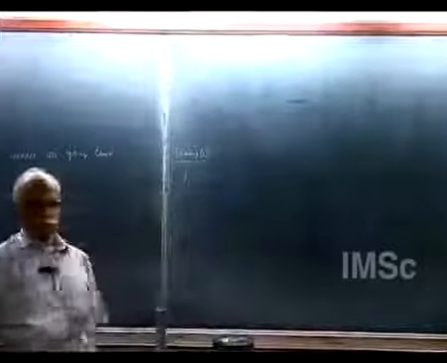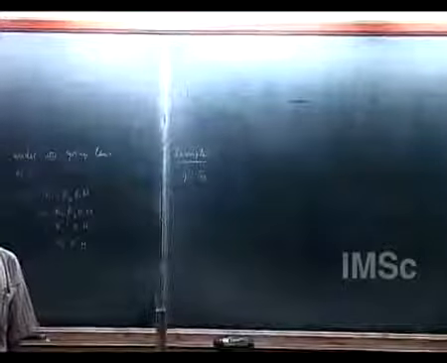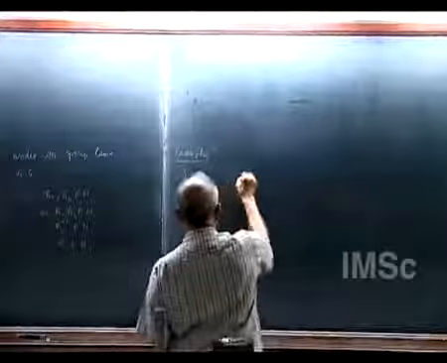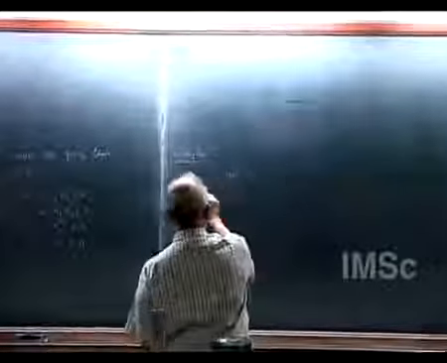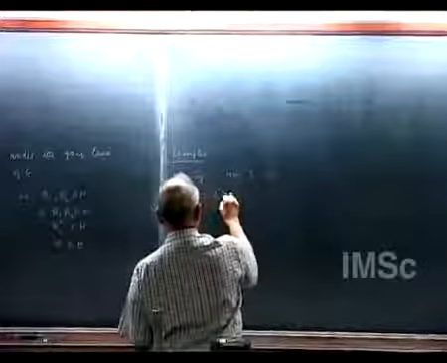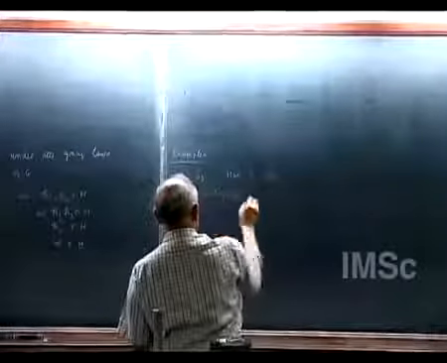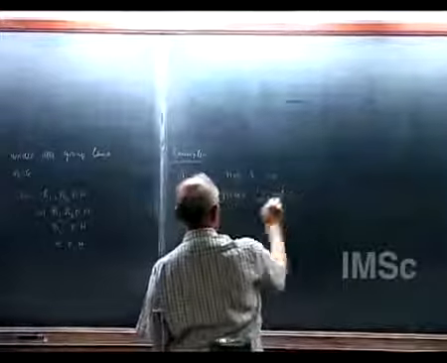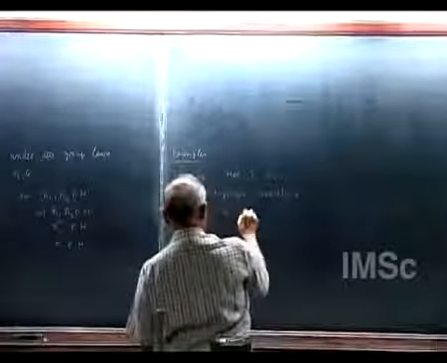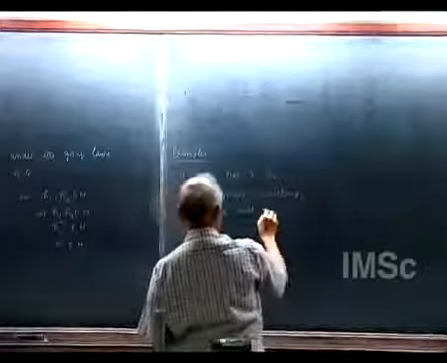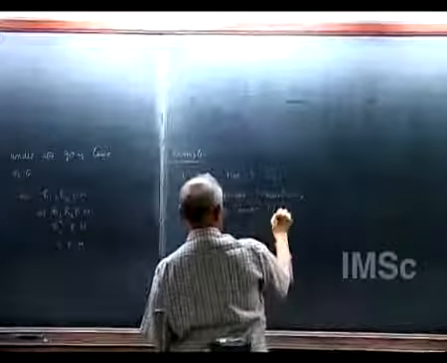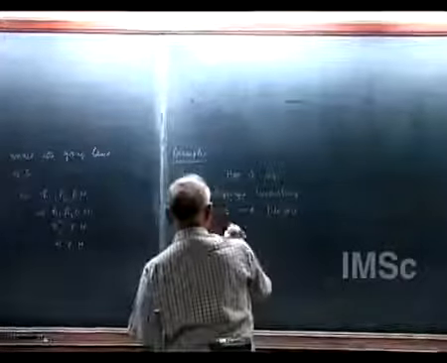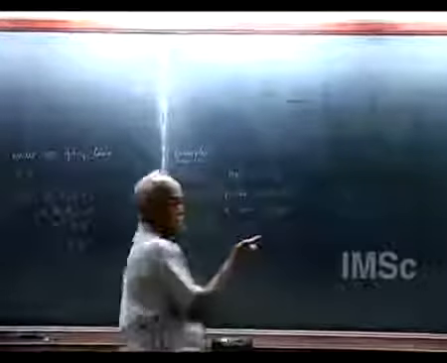S3 is permutations on 3 objects, and this has 3 S2 subgroups, namely consisting of identity and the permutation of, just transposing 2 of the elements.